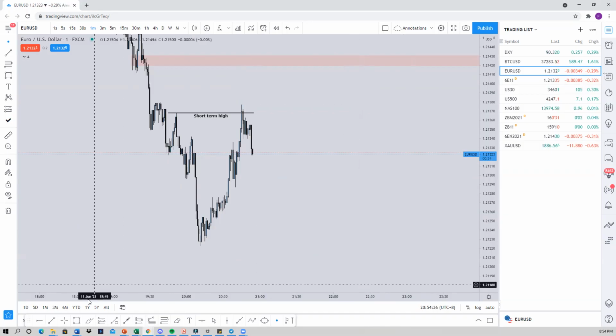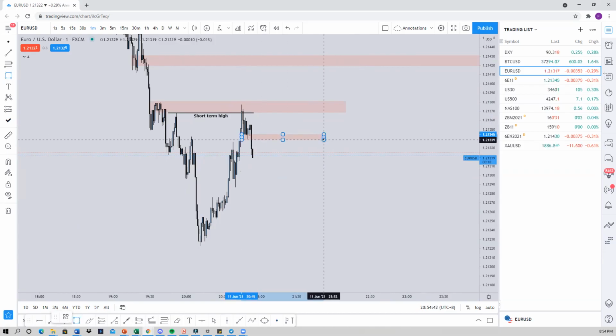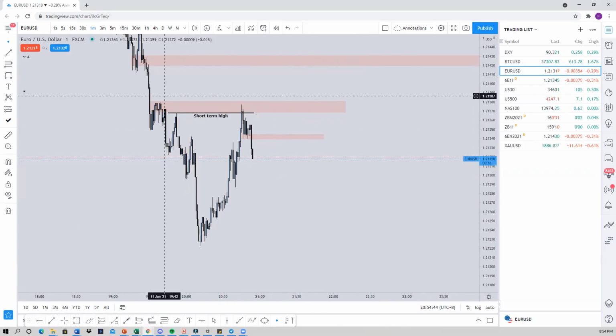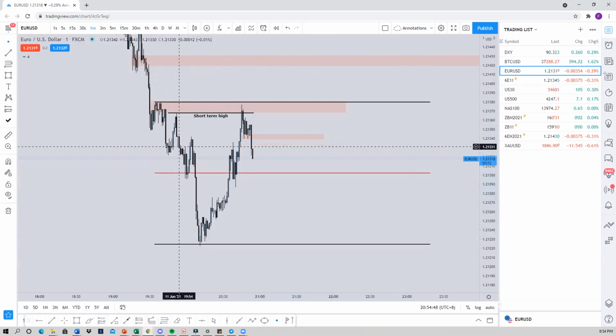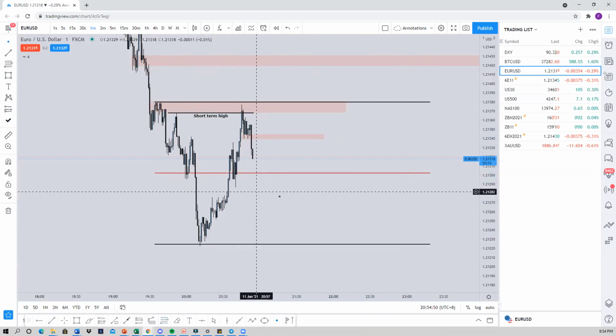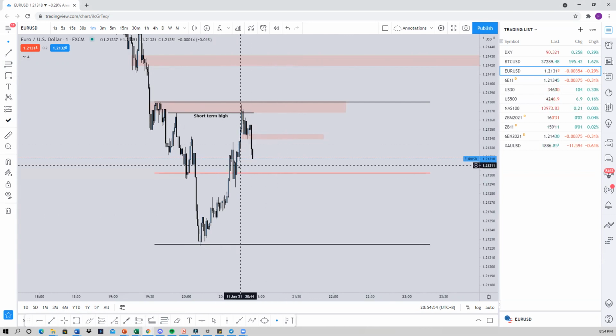Actually, not like this, they have it like this. Now we know that this is premium and discount. If they sell over here, good, that's correct, but they won't do that.